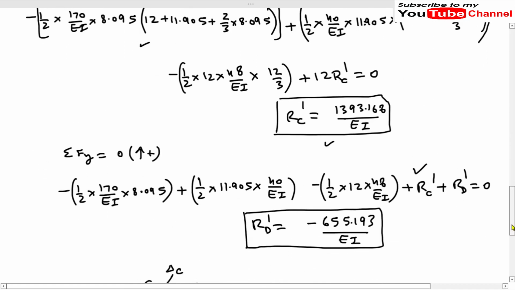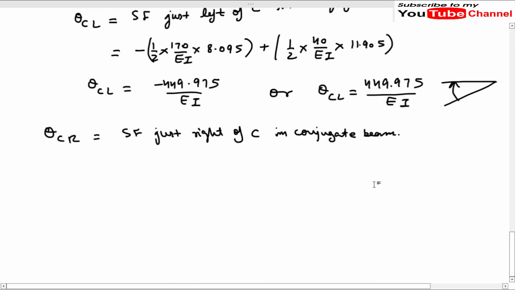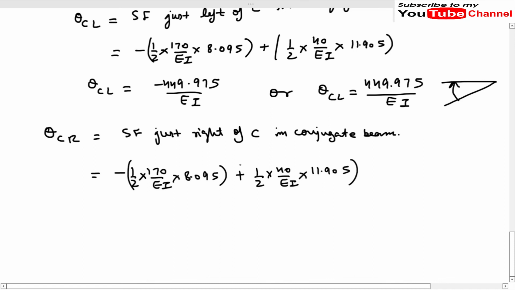Okay, so I will write here the first loading will be due to the first triangle 1 by 2 times 170 by EI multiplied by 8.095, plus the load due to the second triangle 1 by 2 40 divided by EI multiplied by 11.905, and the third one will be due to the reaction RC dash. And we know the value of RC dash.